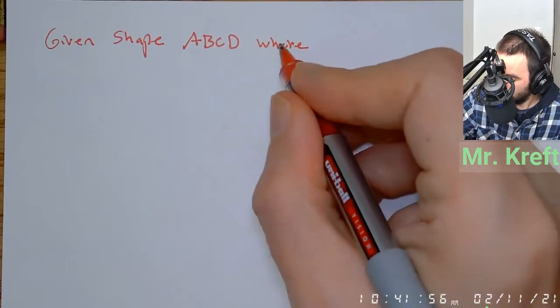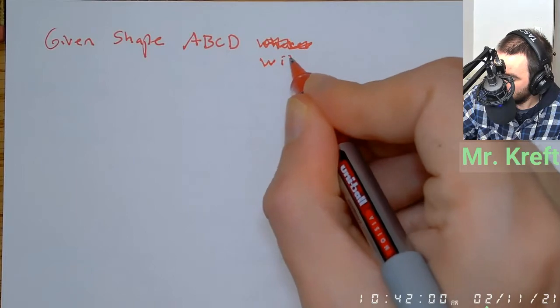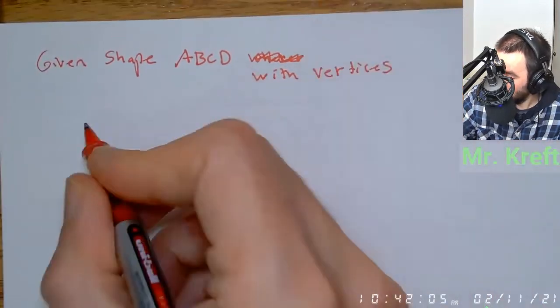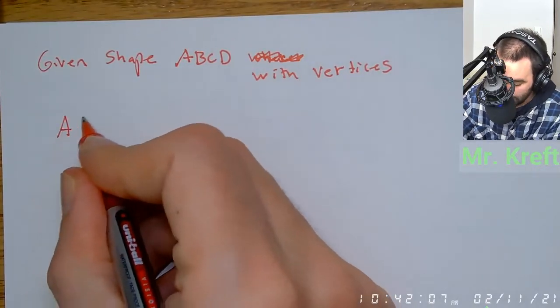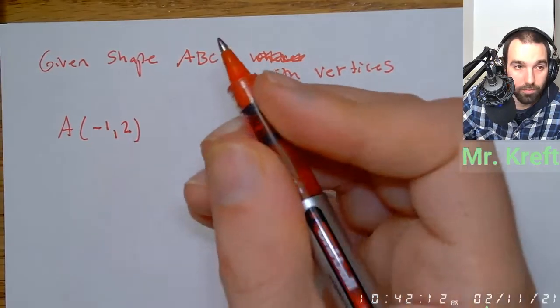I'm going to use vertices. So vertices is a fancy word for points. So I'm going to have A is -1, 2.